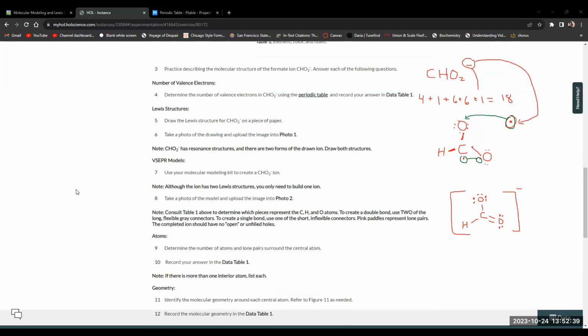So let's continue on here. Now it wants us to build it, if you haven't done so already. I'll go ahead and draw what it looks like built.